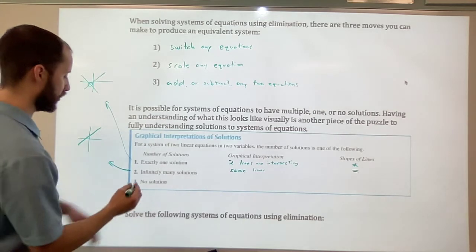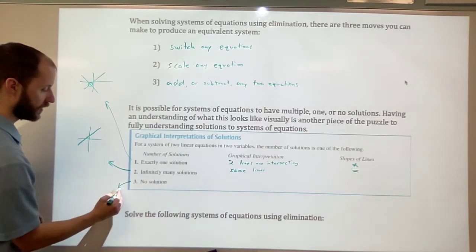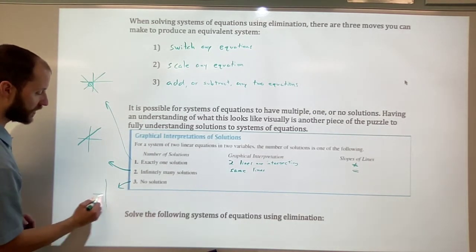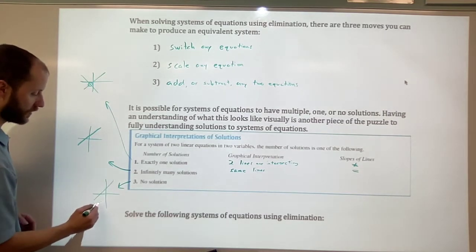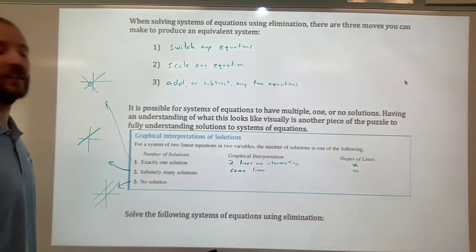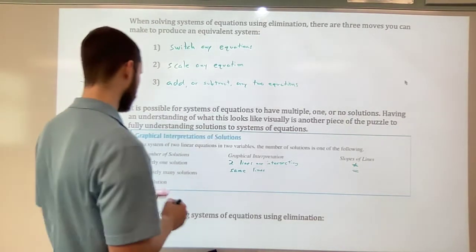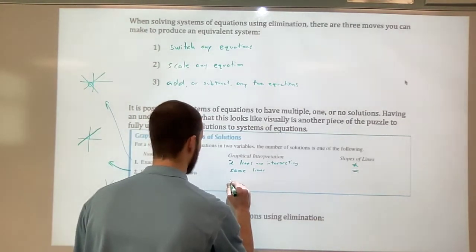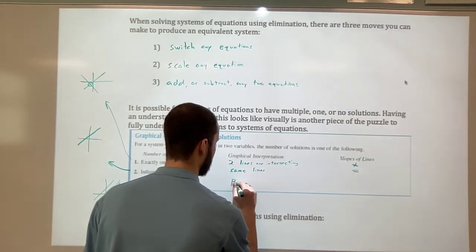Then the third, if there's no solutions, so the lines don't intersect each other at all, well, that would mean the lines are parallel to each other. So graphical interpretation, they are parallel lines.